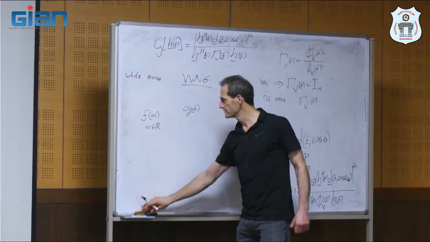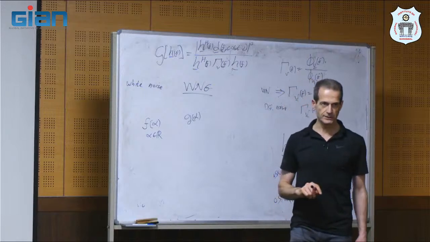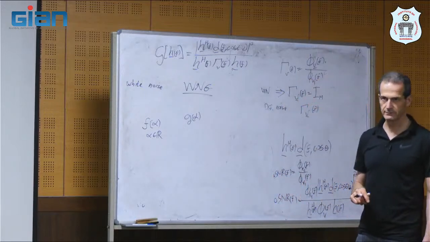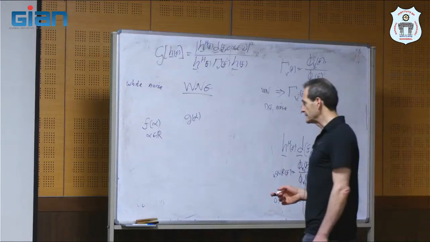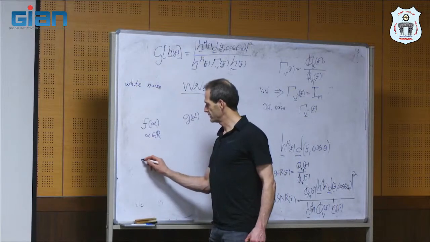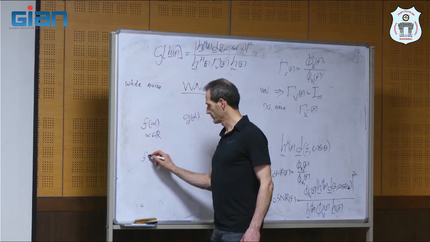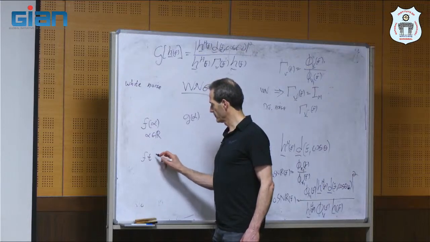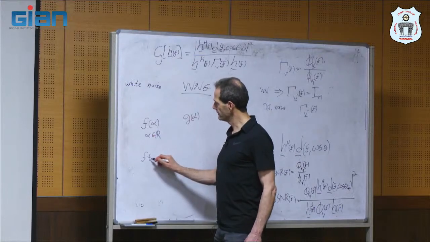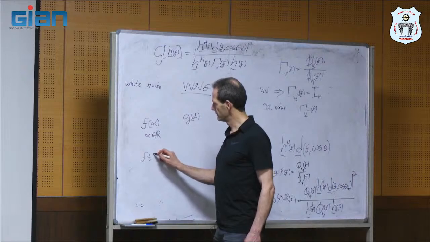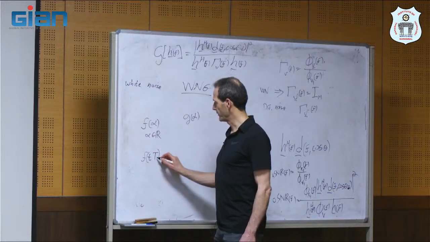Now suppose that I sample these continuous signals with a certain sampling interval, which means that I find the values of f t with a certain sampling interval, let's call it Ts.